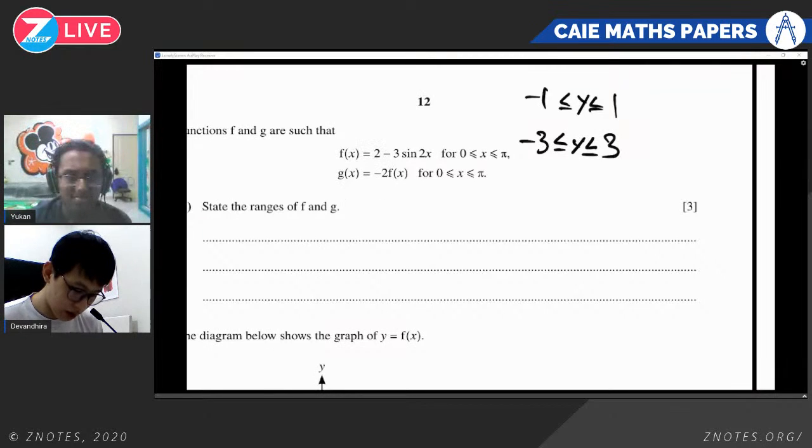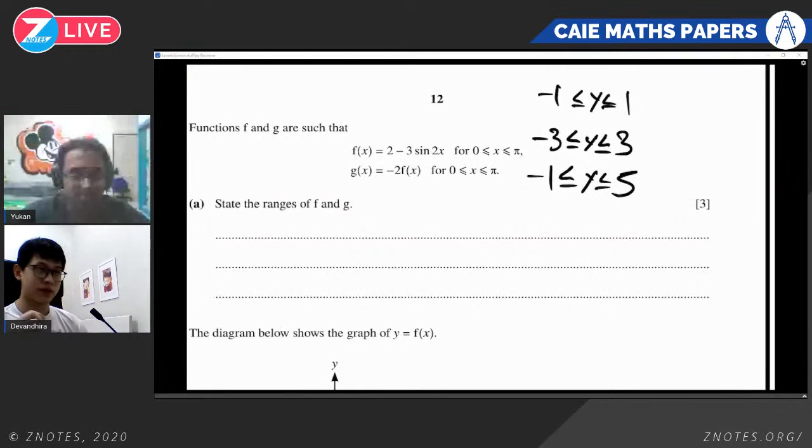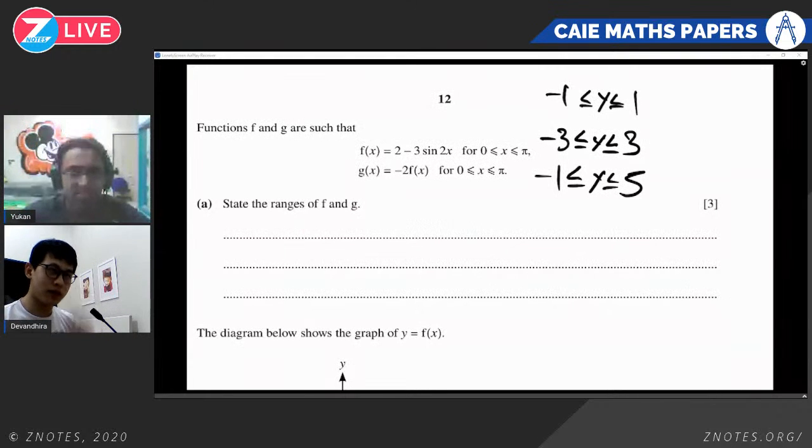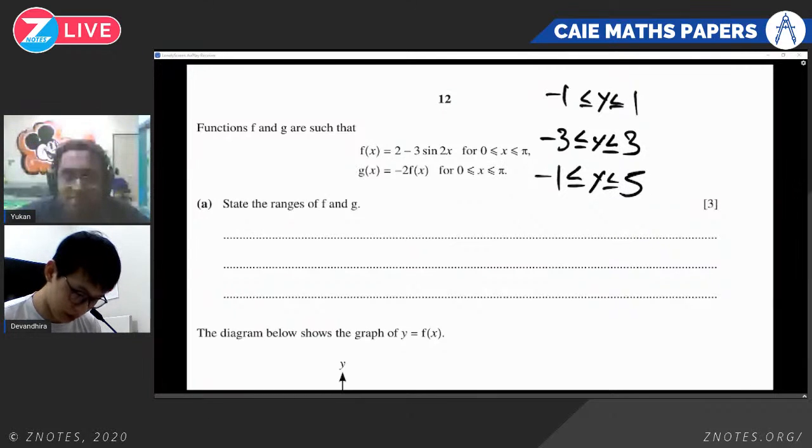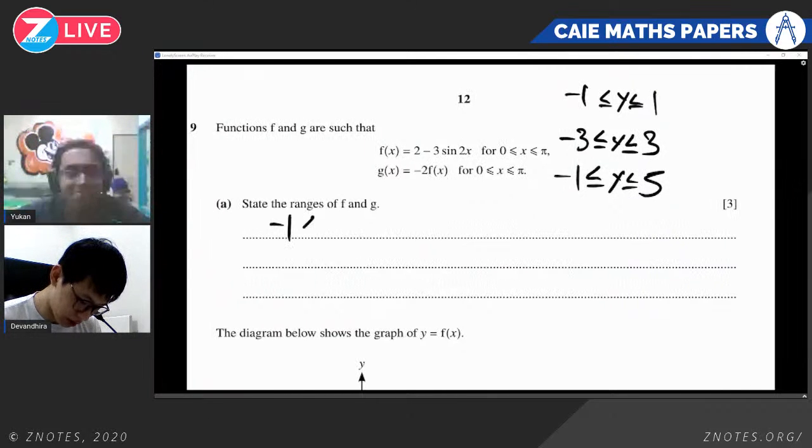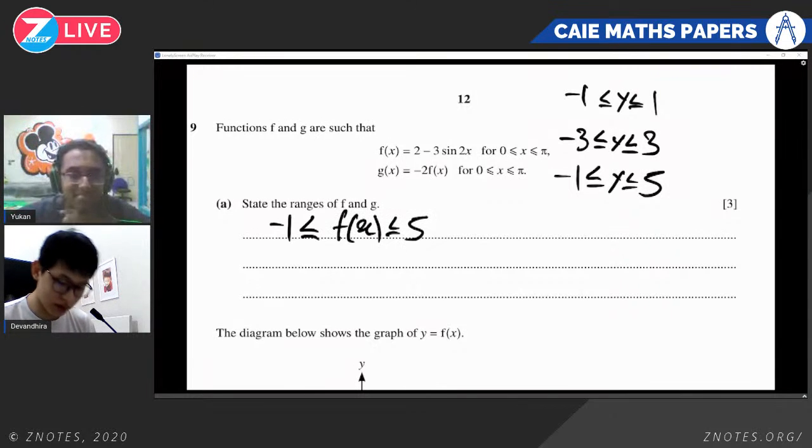But we add 2 to it, so the whole thing will move up by 2. So I have to add 2 to the range. So -1 up to 5, right? Therefore, the range of f is just this. Very simple.